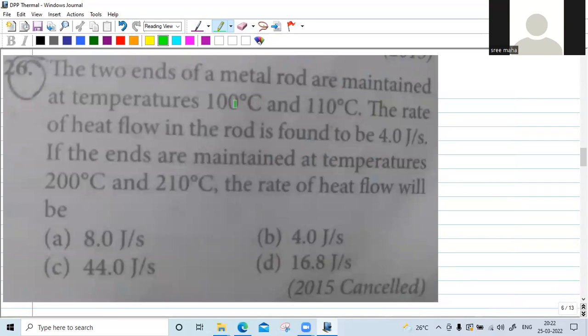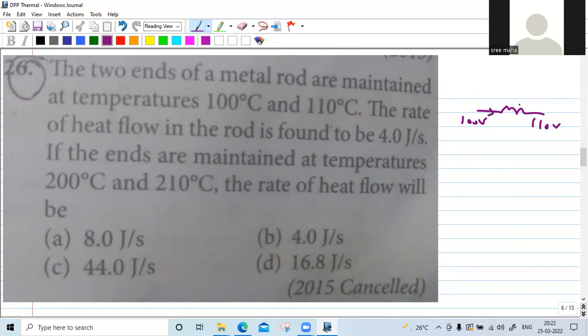Two ends of a metal rod are maintained at temperatures. The rate of heat flow is found to be 4 joules per second. This is also a standard question. The analogy is this one. Suppose I have a resistance like this, with potential difference between 100 and 110 volts.